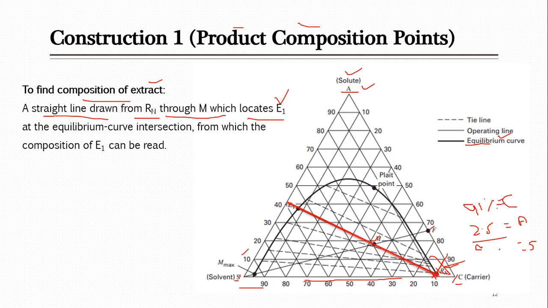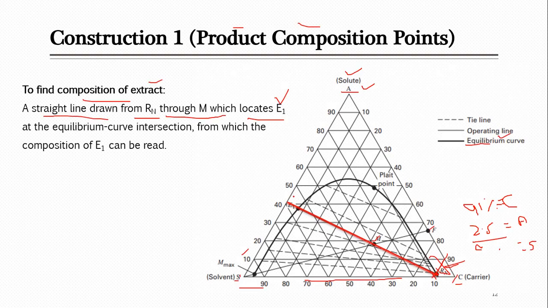You start that line from Rn, and it will pass through M, and then cut the equilibrium line on the other side, that is the extract side. That point will be your extract point. Like here in this diagram, you can see this is E1, that's the extract point.